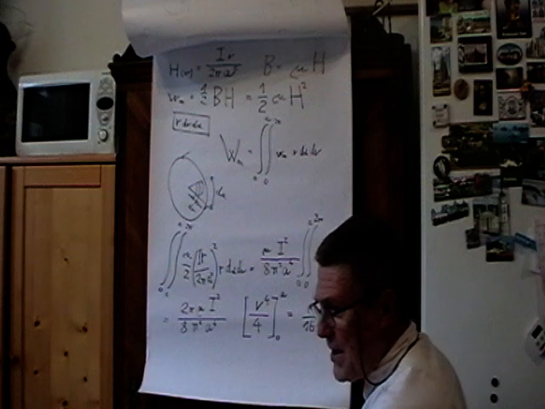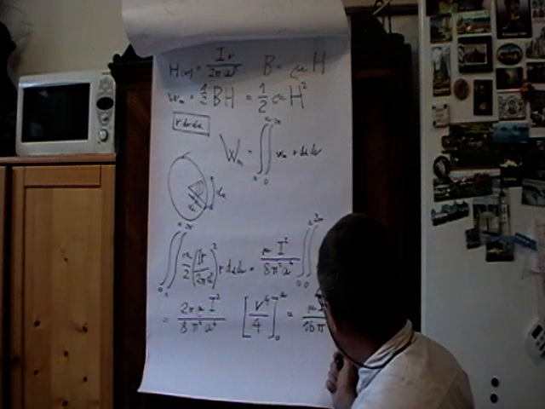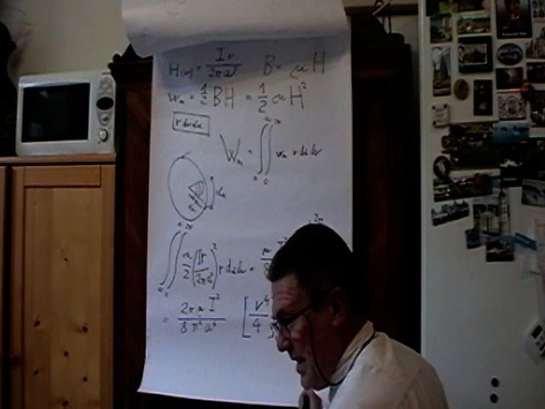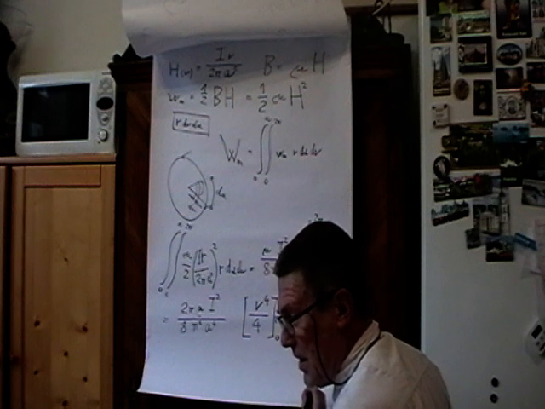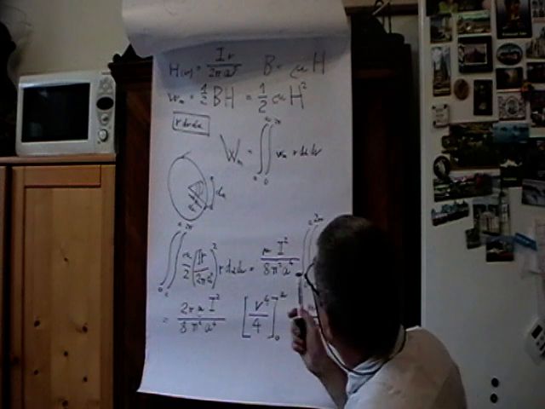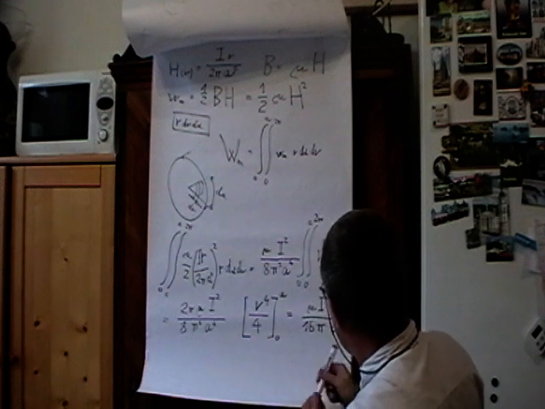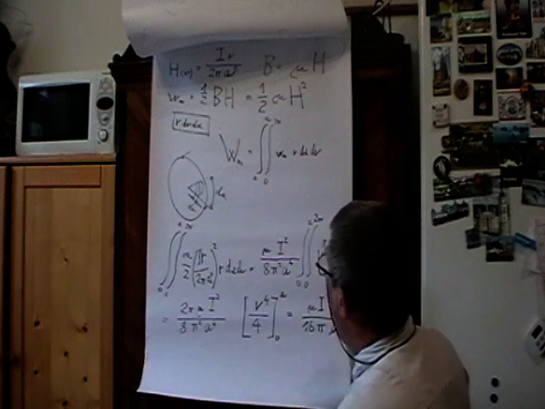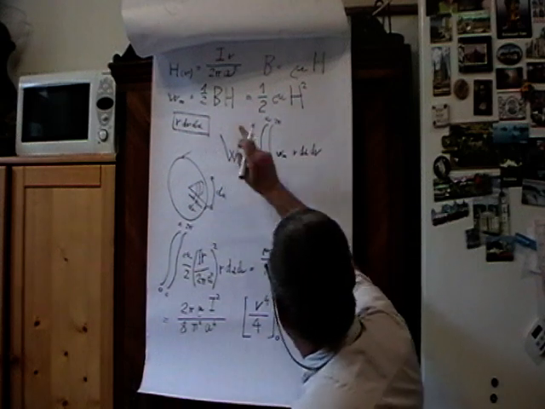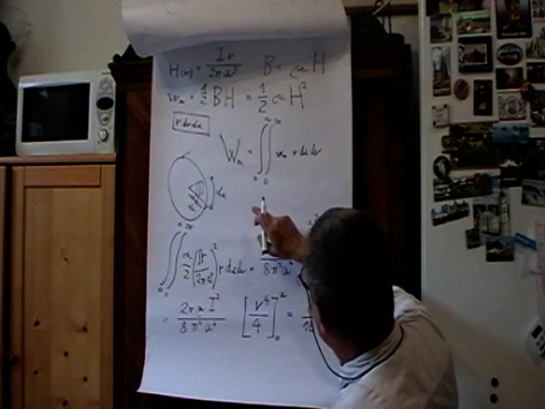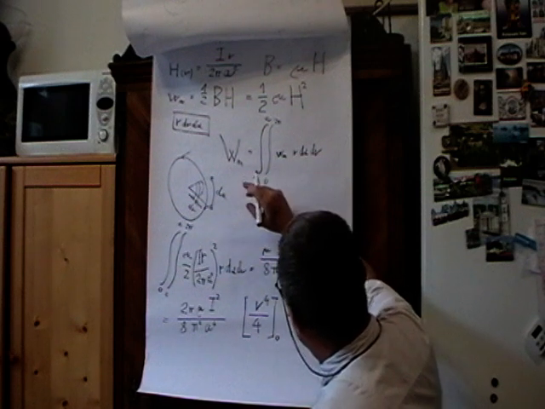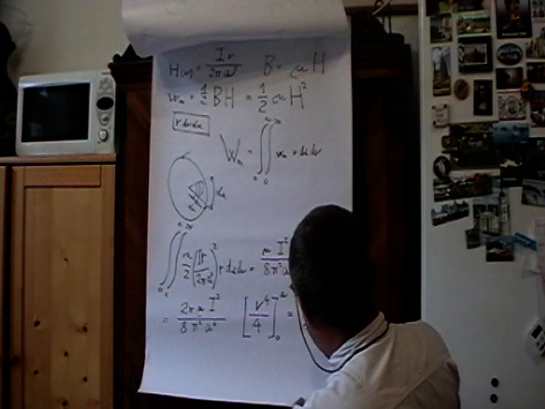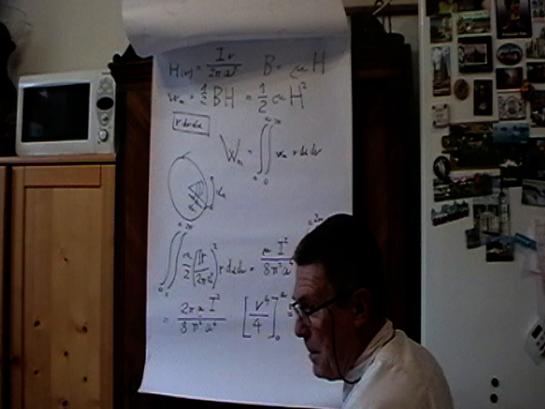Is that a surprise? Our result says that the result itself is independent of the radius of the conductor, because a, the radius, cancelled. So we began with the total energy and we obtained it as mu I squared over 16 pi.